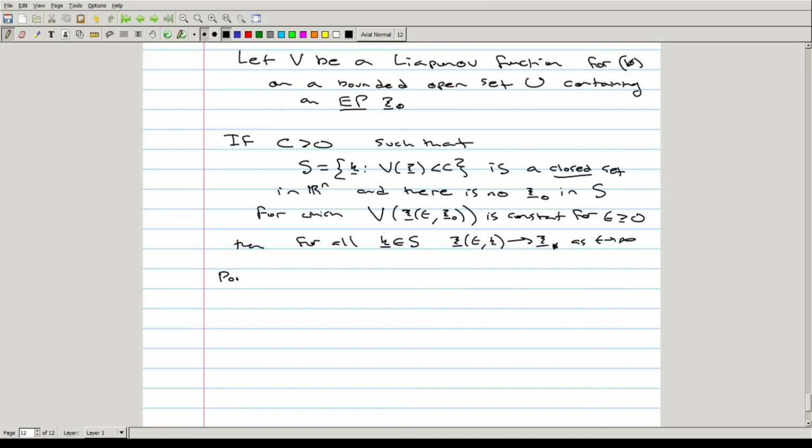And the proof of this uses limit sets from before, and positively invariant sets. It's a little bit long, so I'm not going to cover it, but again, it's in the book.